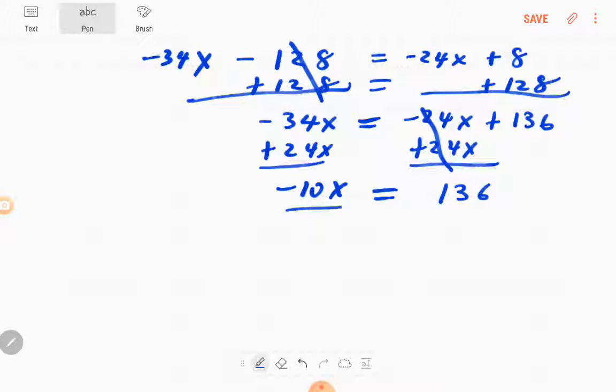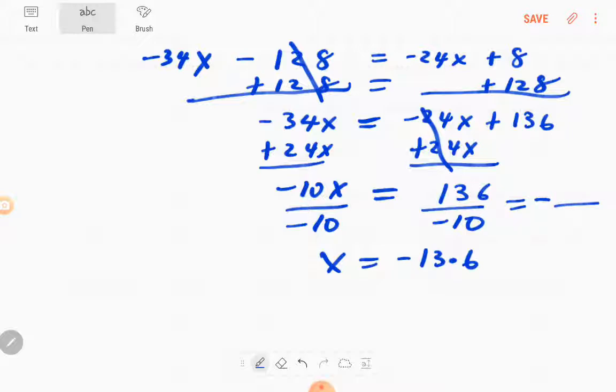So now divide both sides by the same number, same sign that's in front of the x. So x is equal to negative 13.6. Okay. If we want to leave it in fraction form, we could divide both the top and bottom by 2. So bring the minus sign up, of course. Divide the bottom, that would be 5, and then the top, that would be 68 at the top.